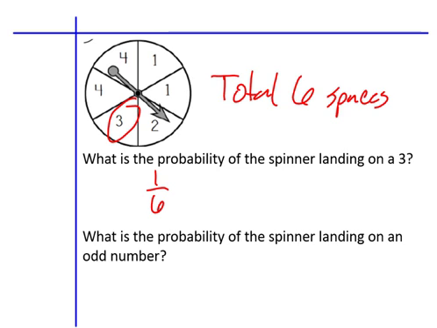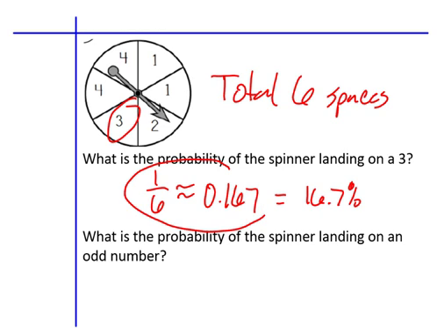Probabilities are expressed both as fractions as well as decimals. So this is approximately 0.167. We could also express this as a percentage by multiplying this decimal by 100, which would be equal to 16.7%. We will most likely be giving our answers as fractions or as decimals.